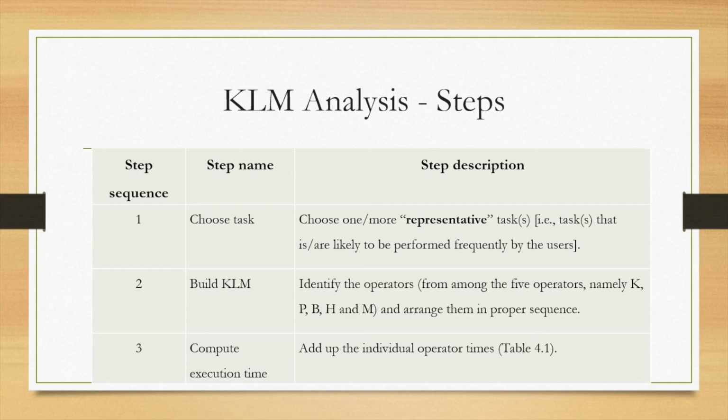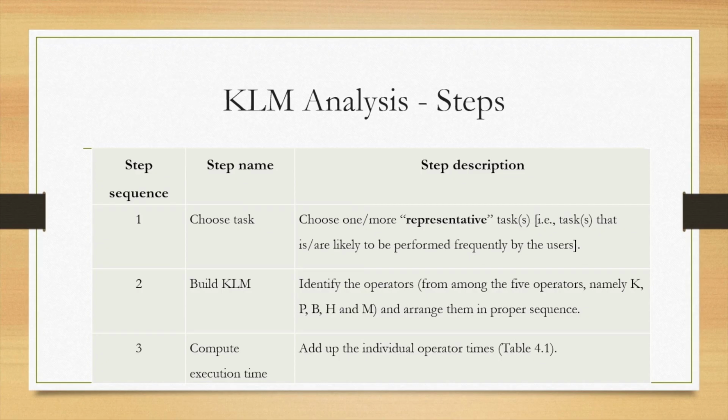Now, once the task or tasks are chosen, our next step is to build the model. In this model building exercise, the tasks are to identify the operators and arrange them in proper sequence. And here keep in mind that we will try to identify operators from the set of 5 operators instead of 7, because R and D we have excluded.